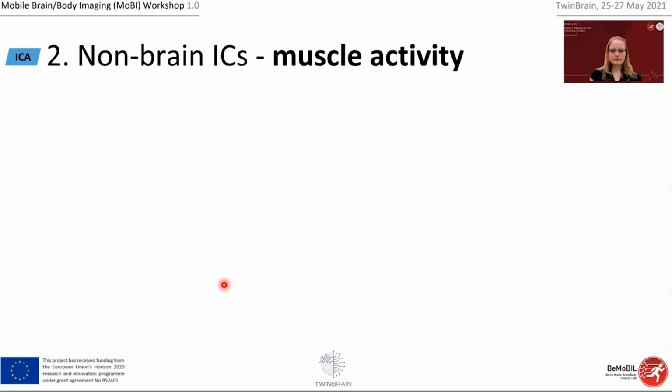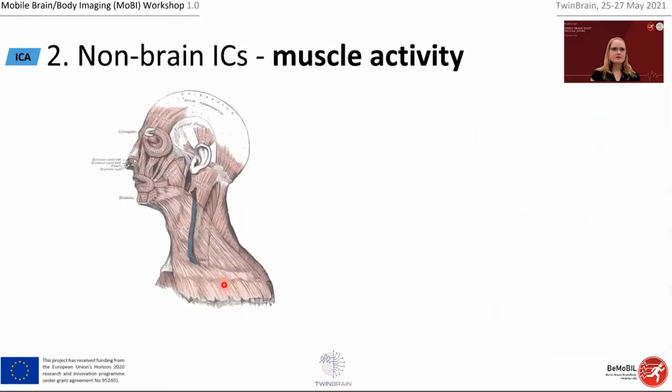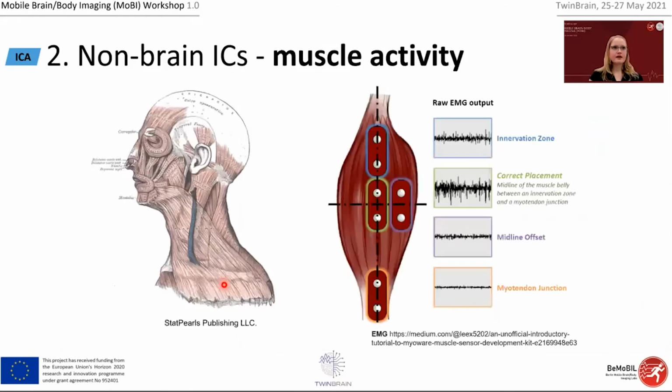Yeah, so then I want to proceed to the muscle activity. We have plenty of muscles around our head, in our face, in our neck, and with participants walking around mobile, they should move naturally.